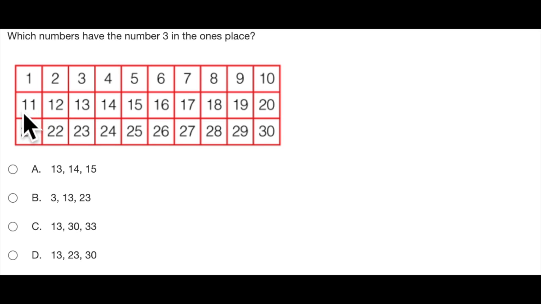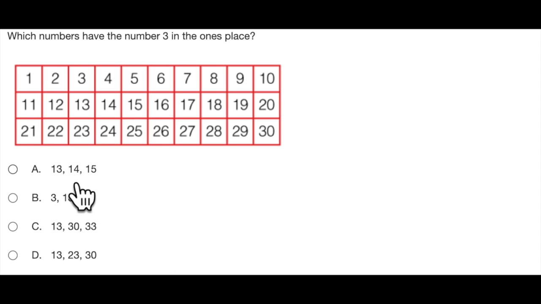So when you're looking at a row going from left to right, the number that is going up is the one that's in the ones place. Look, the number on the right is 1, then 2, then 3. That's the ones place. When I'm looking for a group of numbers that has that number 3 in the ones place, I need to look at the number all the way on the right.